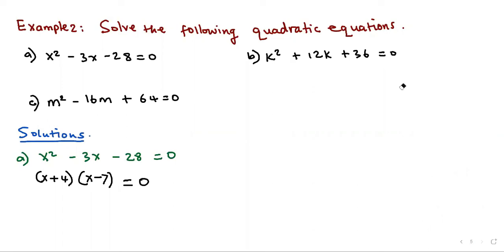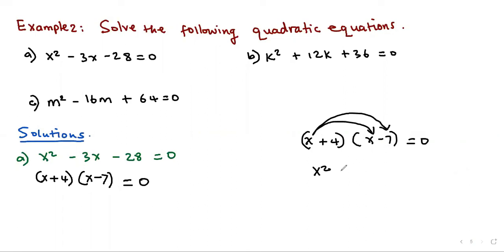And if you need to check that this is really correct, just take x plus 4 into x minus 7. x times x gives x squared. x times negative 7 gives negative 7x. 4 times x gives 4x. 4 times negative 7 gives negative 28.